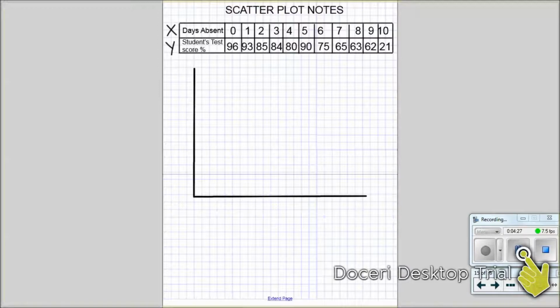Okay, so now let's talk about labeling our different axes. Remember, bivariate means we have two different labels. So our x-axis needs to line up with what our x value is up top. So our x is our days absent. So down below here on the x-axis, we're going to have a label that says days absent.